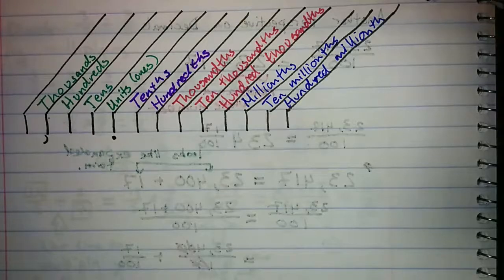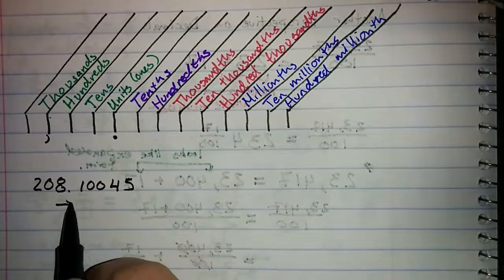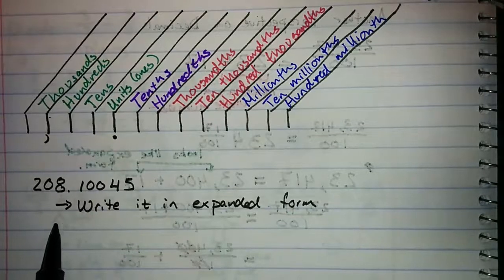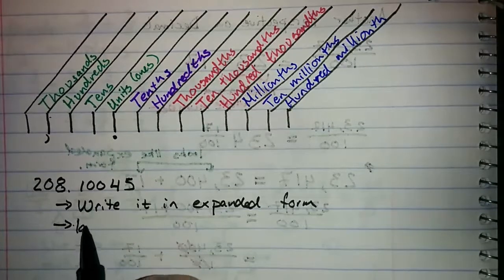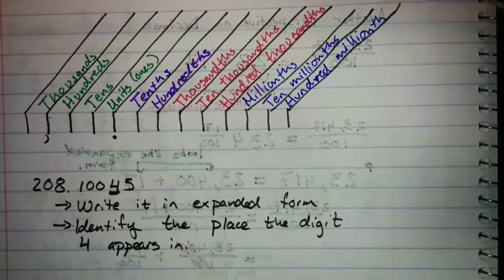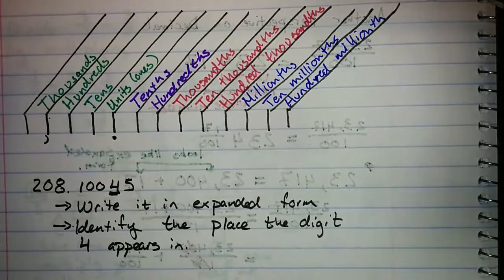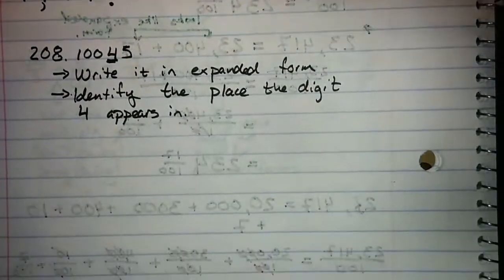So let's consider a decimal number, 208.10045. What I'm going to do with this number is write it in expanded form and then identify the place that the digit 4 appears in. So the expanded form, let's go to fraction notation.